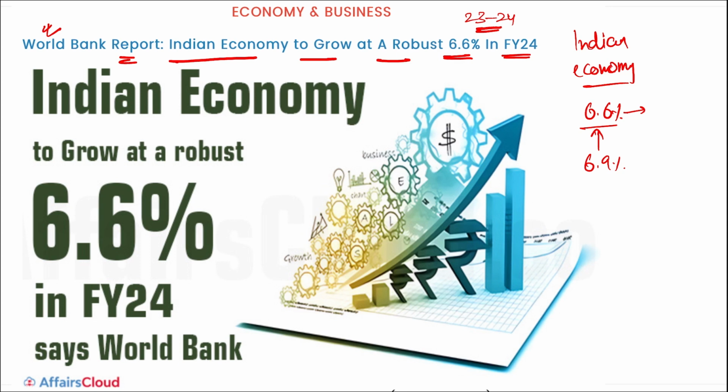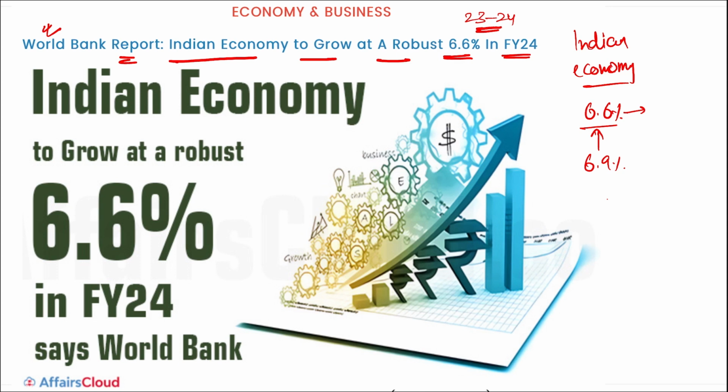Next, remember India, Asia's third largest economy, is projected to be the fastest growing among the 7 largest emerging markets and developing economies such as Brazil, China, India, Indonesia, Mexico, Turkey. From all those, we can say that India will be growing the fastest.